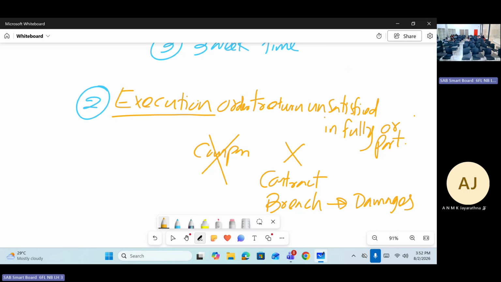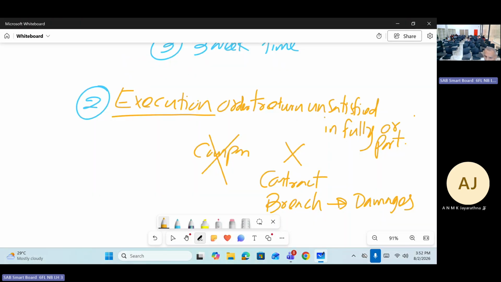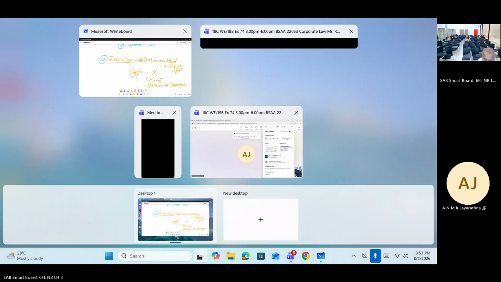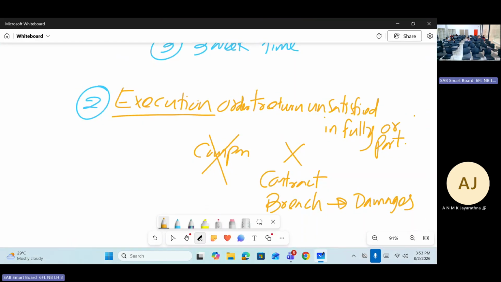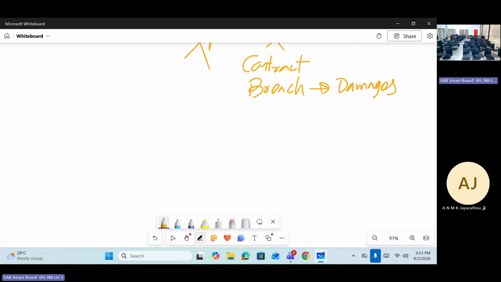Then after considering the evidence, the court has given a final decision. It is named as judgment.